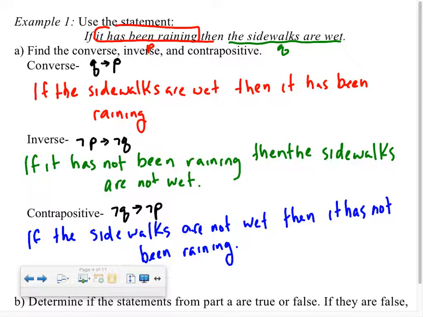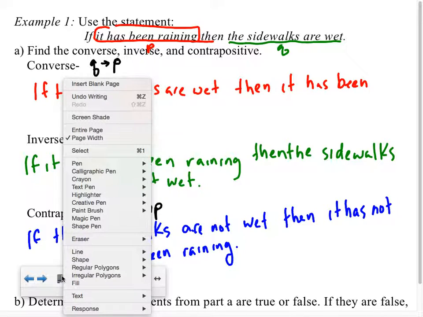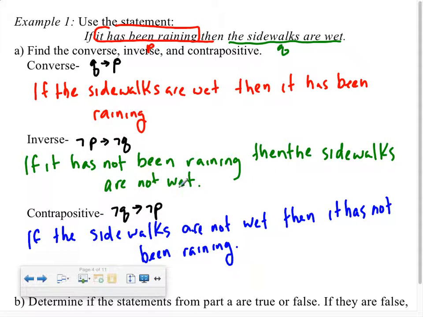Oftentimes we'll ask you about the truth value of each statement, at which point you need to tell me whether or not it's true, and if it's false, you need to provide some sort of counterexample. Give me a reason why that might not always be true, okay? So let's grab a pen. All right, so let's look at the converse. If the sidewalks are wet, it has been raining. That could be false, right?